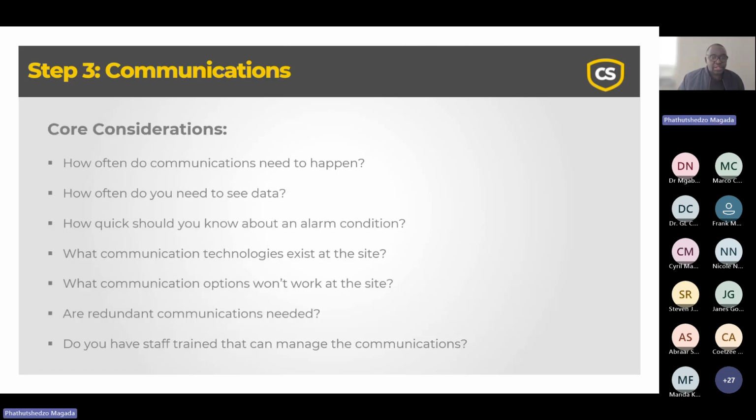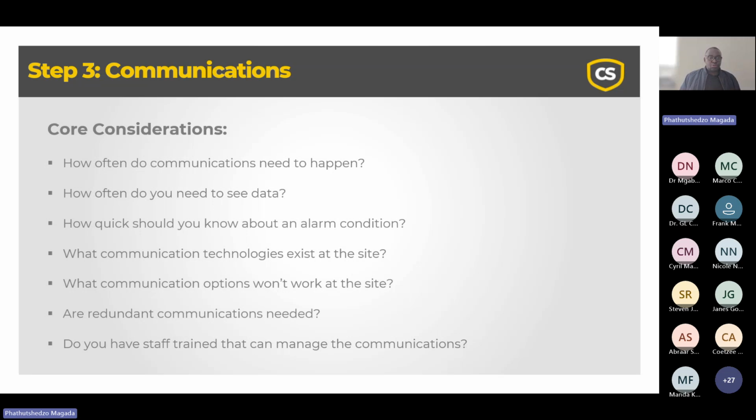The communication channels are what will ensure that you are able to receive your data. Without a communication channel, you are probably not going to have automated data in a remote area.